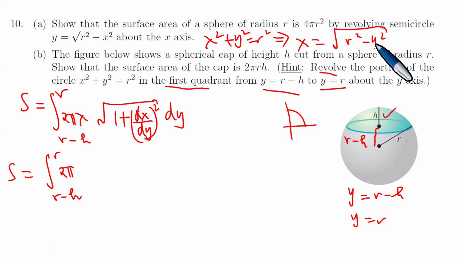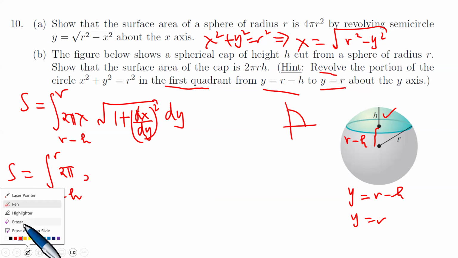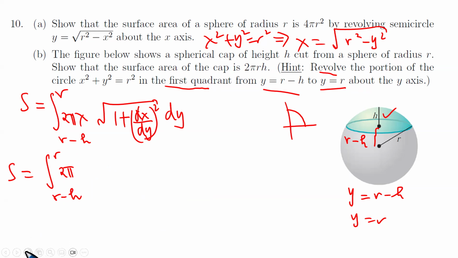So x is the square root of r squared minus y squared. So you have 2 pi times the square root of r squared minus y squared. That is the x. Okay, and then you need dx dy.